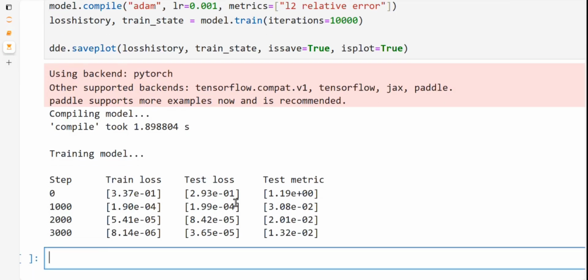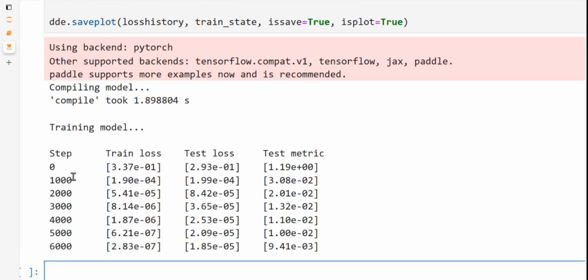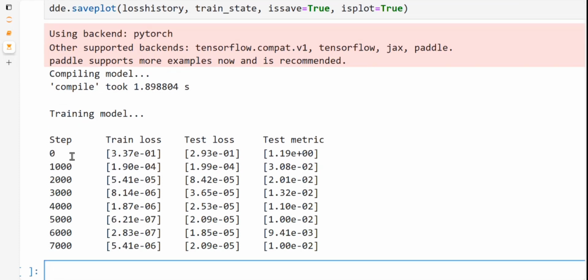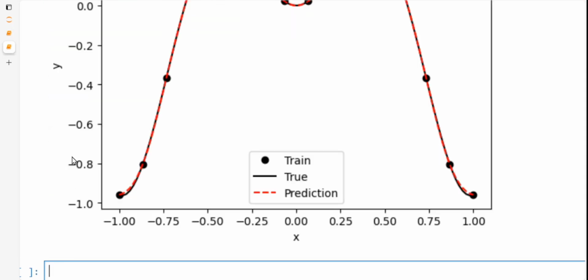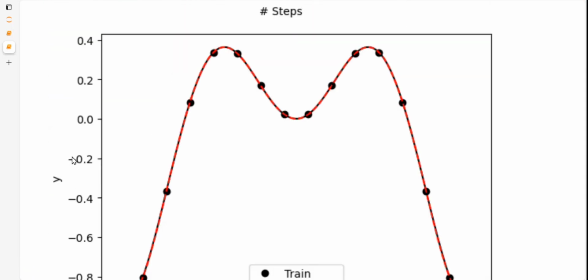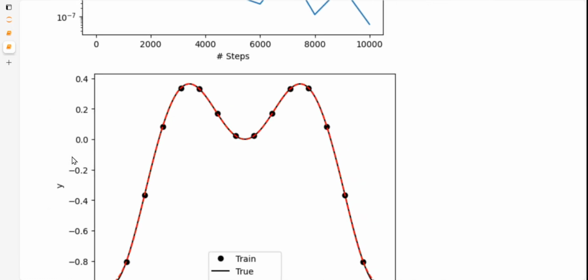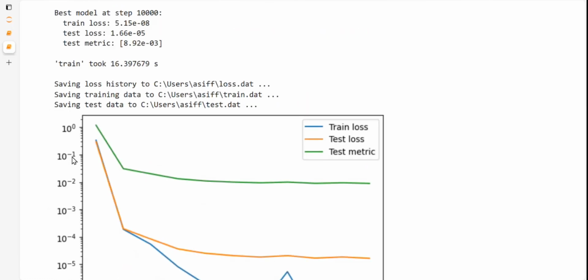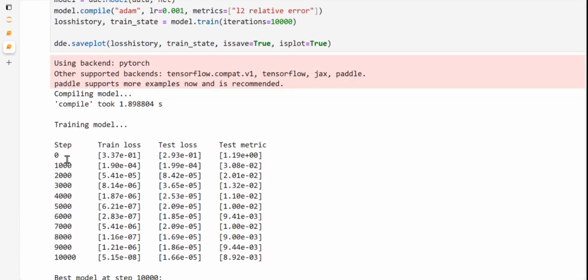Let me see. Oh, so we get some results. You can see that the model has been trained and you also got the answer, which is surprisingly a very good answer, a very good comparison. The first thing you see is the number of steps.